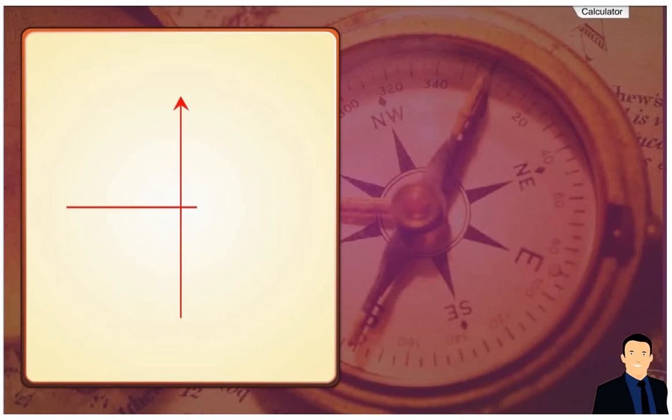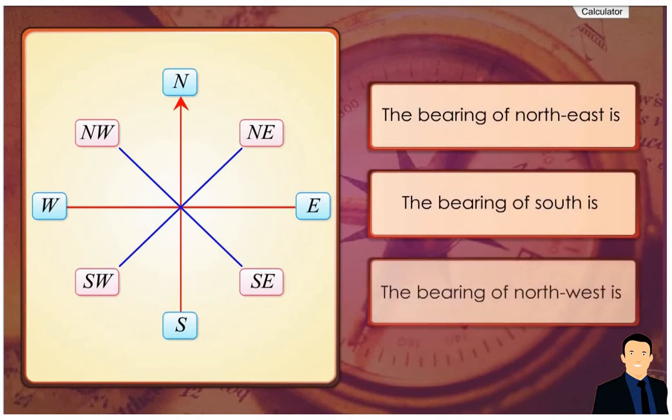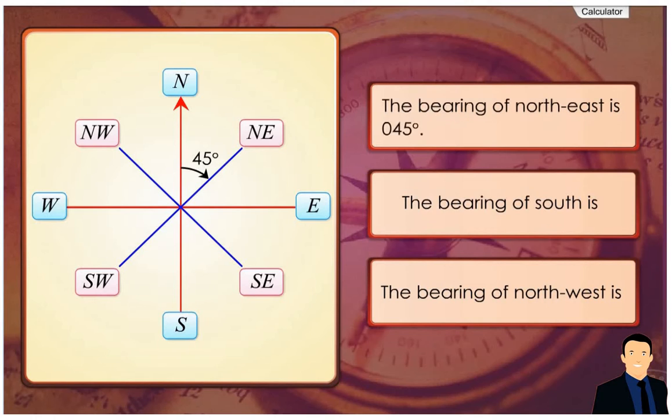Now, let's state the bearing of these cardinal points. We have already learned that all the angles between two consecutive main directions are equal, which is 45 degrees. So, for northeast direction, the bearing is 045 degrees. What about the bearing of south?